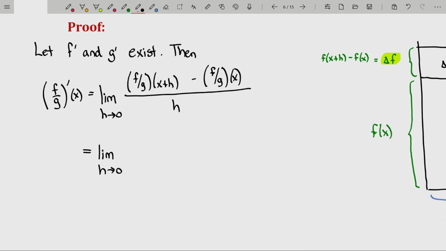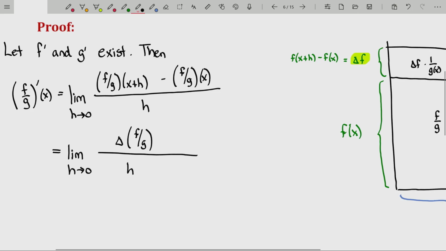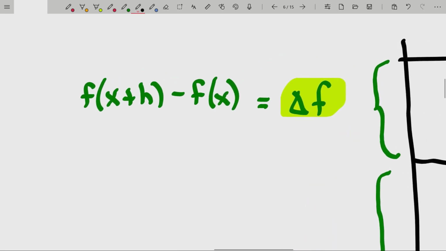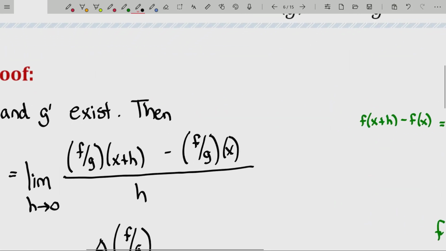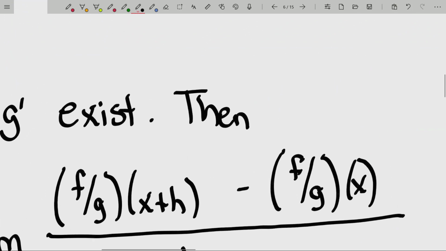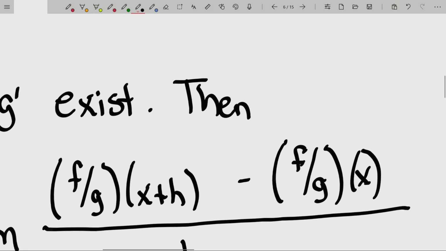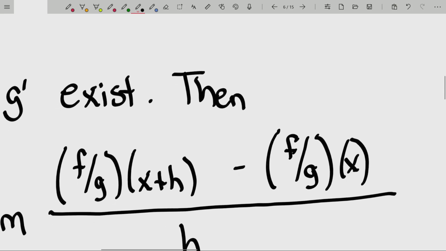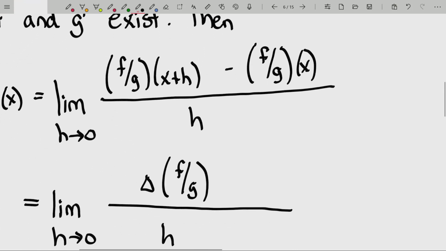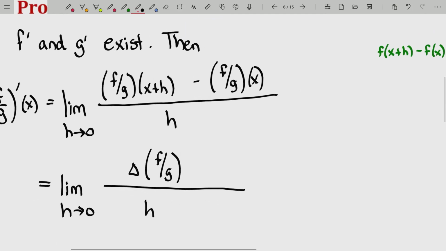Remember, change in f is just the numerator of the difference quotient. Here's the numerator, and the function name itself is f over g, so we're going to call that the change in f over g.